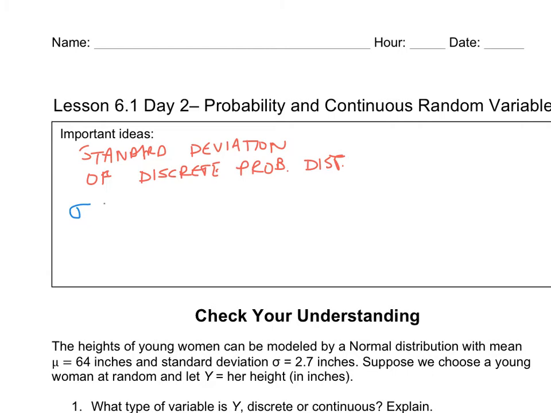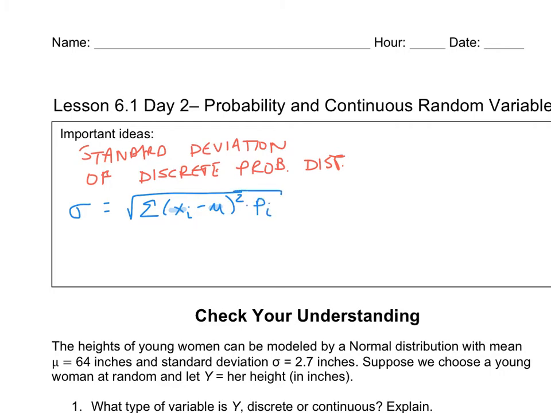So standard deviation here is equal to the square root of the sum of all of our x sub i's minus the mean, so the difference between our given value and the mean, like we did way back when, squared, times our probability of each of them.